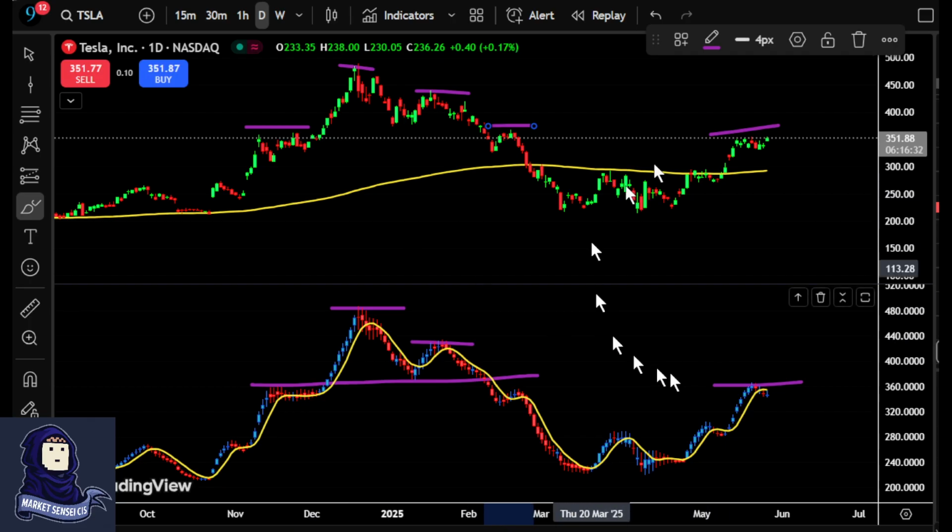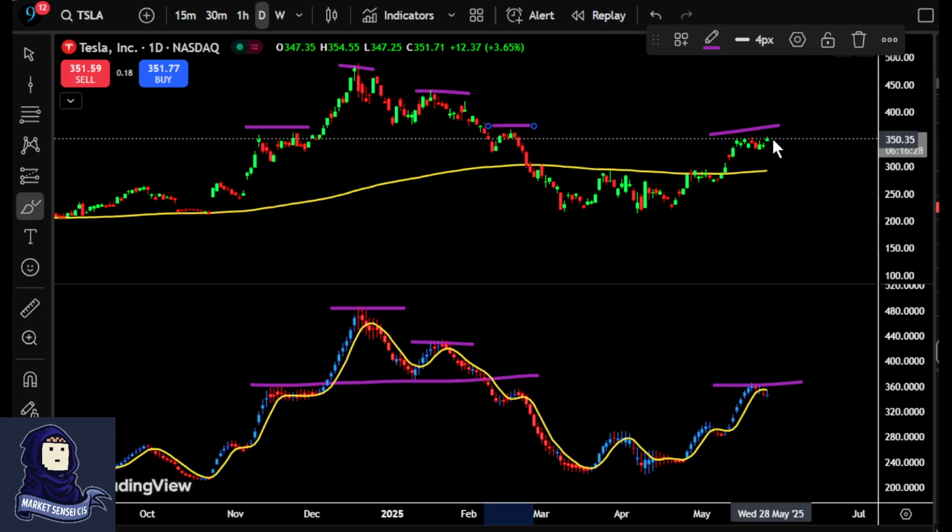So where do you think it will go? In my opinion, Tesla might bounce a bit before going upwards. We'll see how Tesla will go. But for now, Tesla should be going up, in my opinion, which can be wrong.